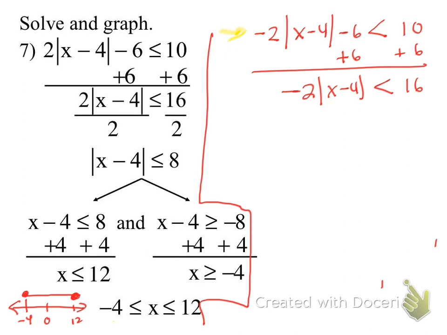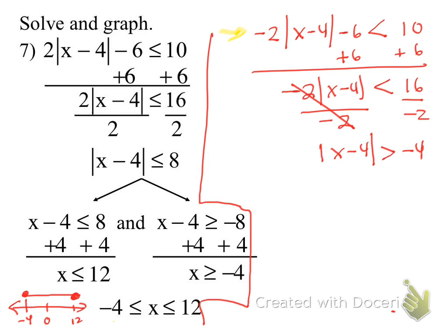Divide by negative 2. And when I divide by a negative, what happens, Kendall? I flip that inequality, and I get the absolute value of x minus 4 is greater than negative 4.